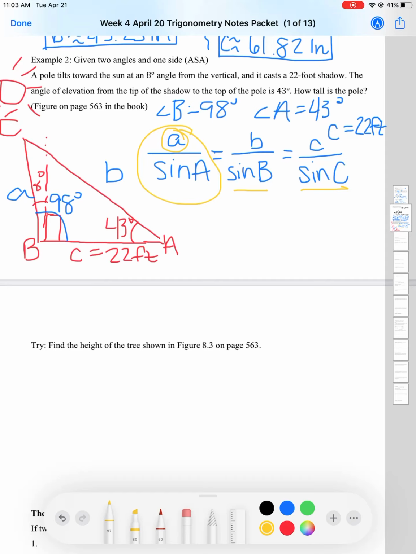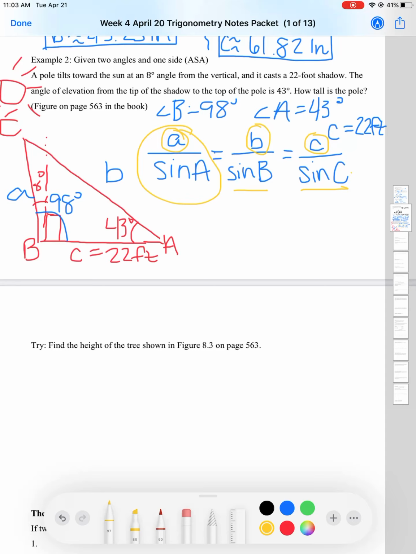Which one of these two are we going to use? We already know sine B, but we don't know side B. We know side C, but we don't know sine C. We need to think about which one's going to be easier for us to find.